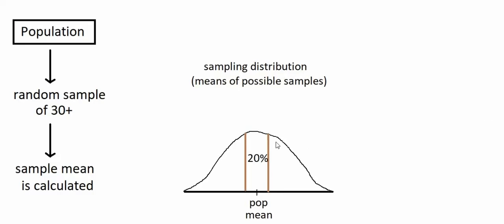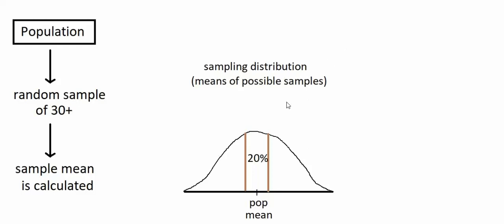And now I want us to think about this middle 20% area right here. And I want us to try to think, what's the probability that this sample mean will end up somewhere in this area right here between these 2 points?